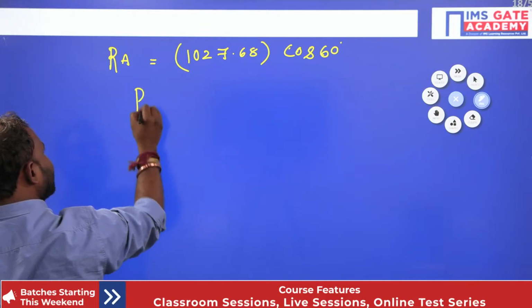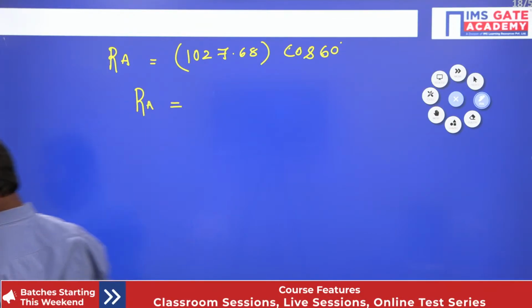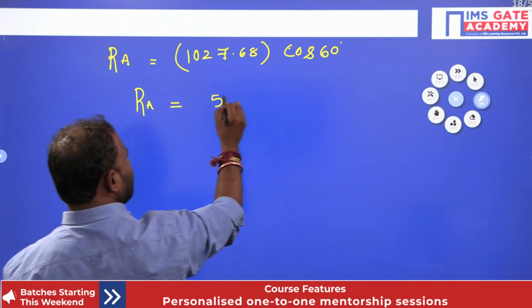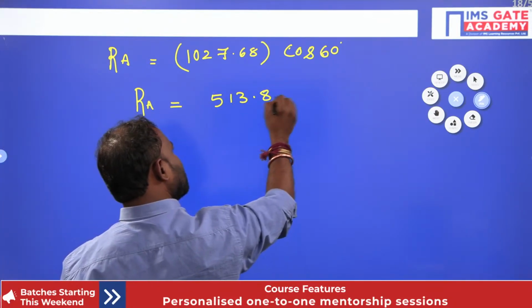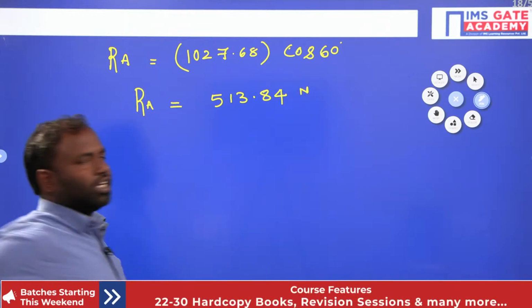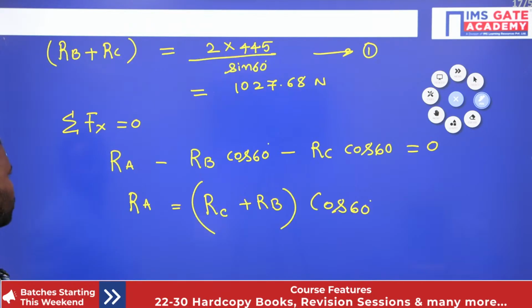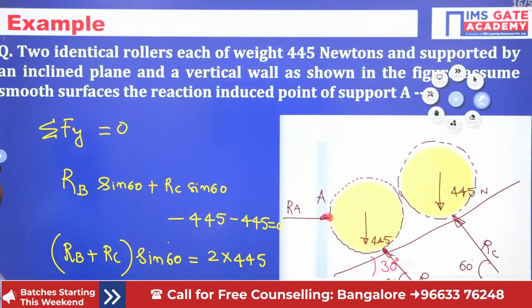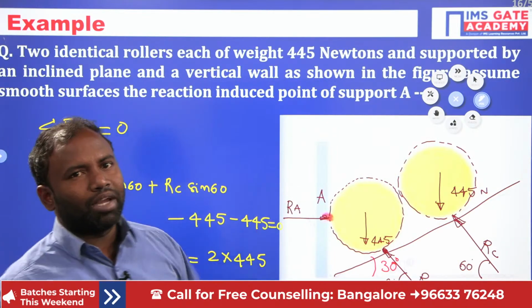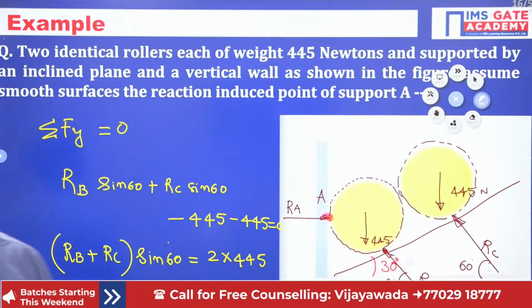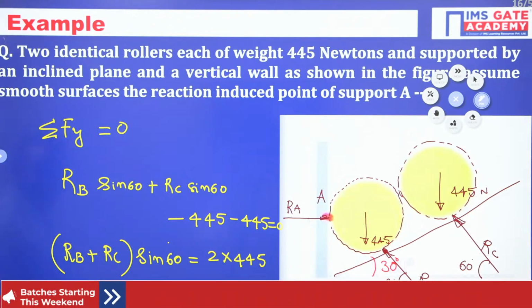Now if we solve this RA, you are going to get 513.84 newtons. Yes, guys, like that you are supposed to solve. Okay, so I applied two equilibrium equations. Sigma Fx equal to 0 I have taken, sigma Fy equal to 0 I have taken. So accordingly, you are supposed to solve the problem. Yes, guys, understood?